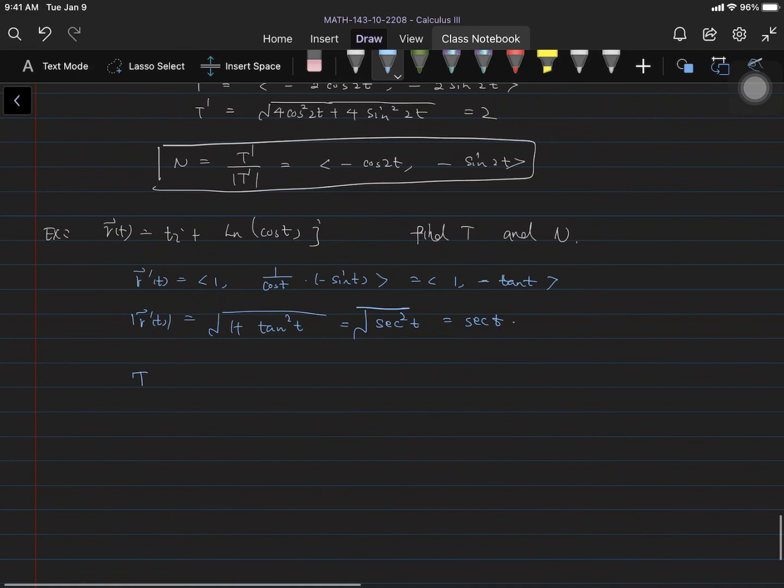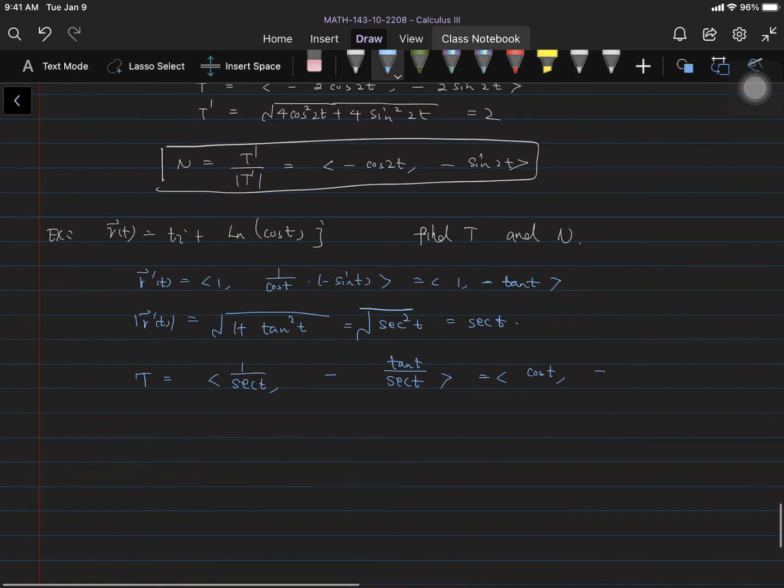So the capital T just equals 1 over secant t, negative tangent t over secant t. Simplify: secant t is 1 over cosine, so 1 over 1 over cosine should be just cosine t. Here, sine over cosine over 1 over cosine should be just sine.